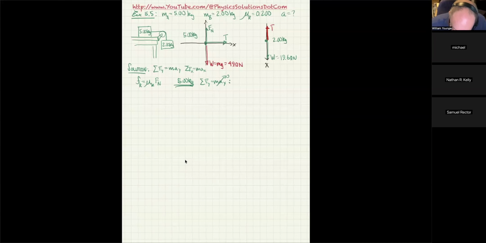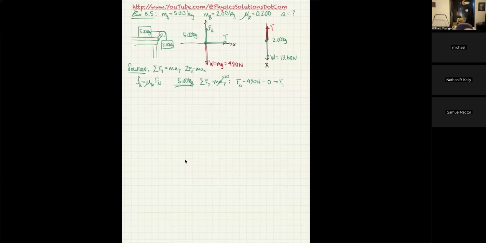0. So from this, we can say that the normal force, which is positive, so I'm going to put that as positive Fn, minus, remember it's technically adding, but it's adding a negative component of 49.0 newtons. So Fn minus 49.0 newtons is equal to 0.